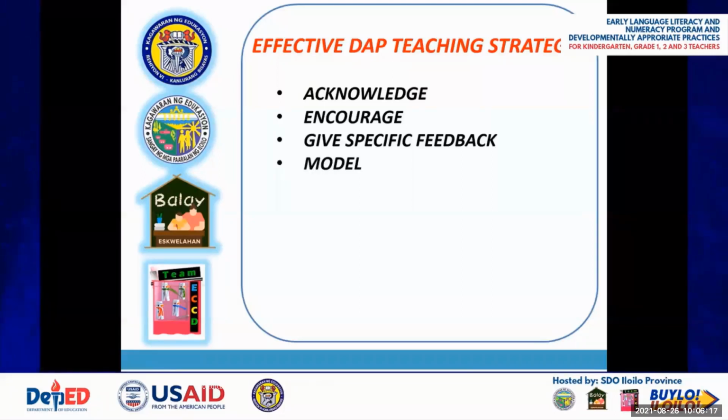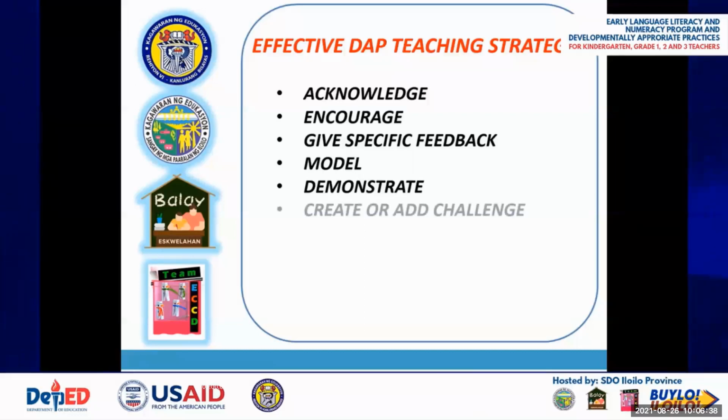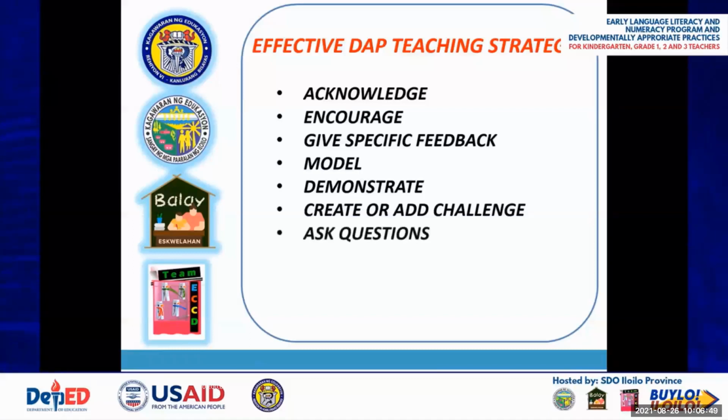Next is to model attitudes, ways of approaching problems, and behavior towards others. Demonstrate the correct way to do something. Actually, this is usually involved in a procedure that needs to be done in a certain way. Create or add challenge so that a task goes a bit beyond what the children can already do.